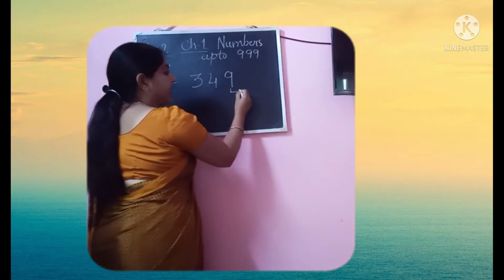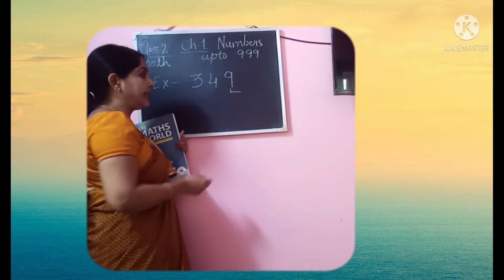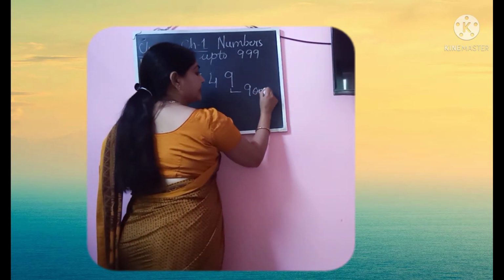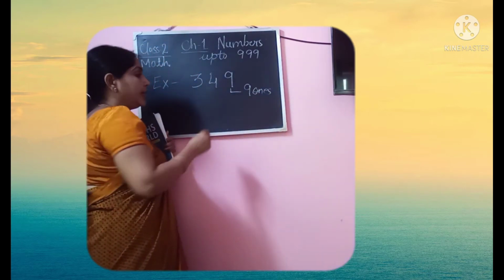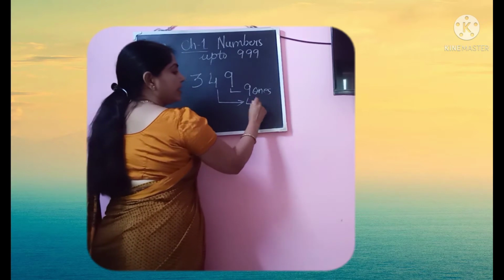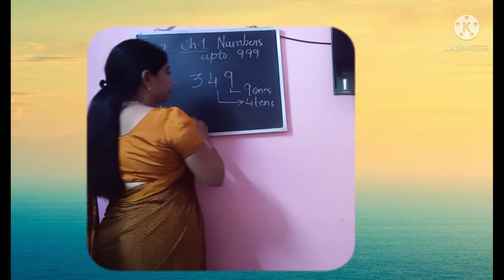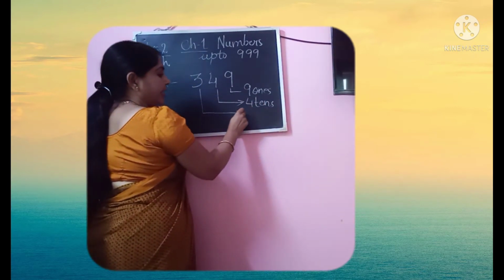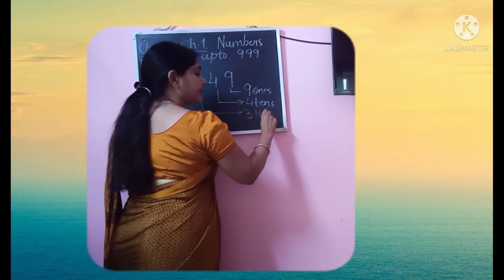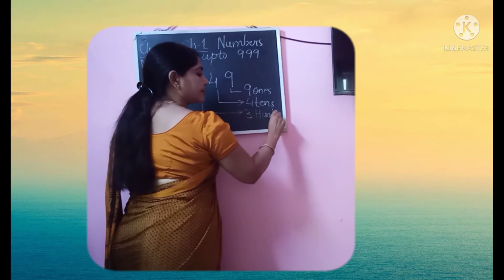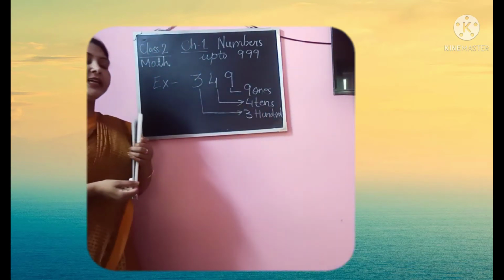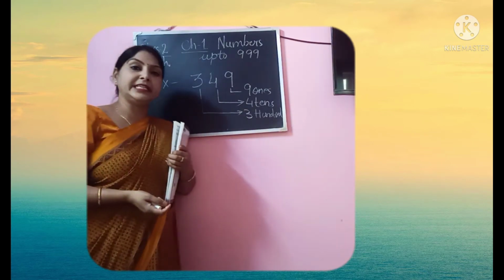Say for example 9. What is the place value of 9? Place value of 9 is 9 ones. Okay. What is the place value of 4? It is 4 tens. Place value of 3? It is 3 hundreds. Okay. Like that we learn the place value.